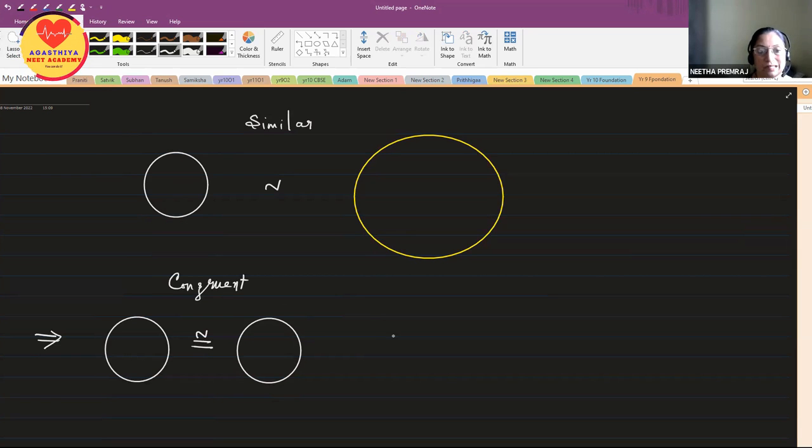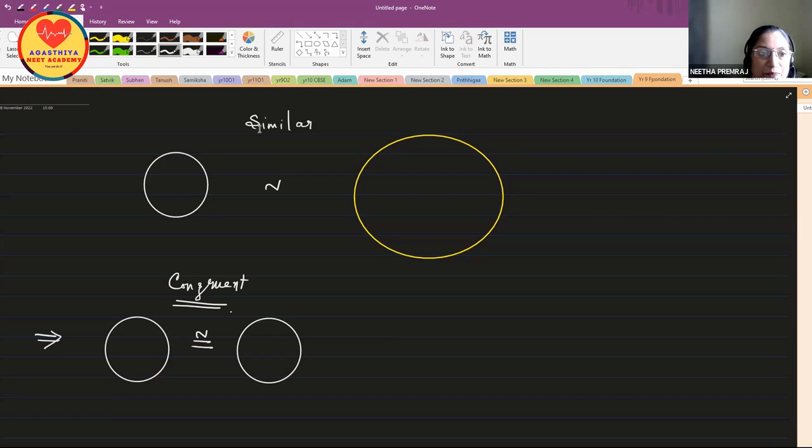If two squares are congruent, the side measures are equal. You can easily say two squares are congruent. Two circles are congruent if radii are equal. But in the case of triangles we can't fit one over the other, so we have certain criteria to say whether the given two triangles are congruent or not.